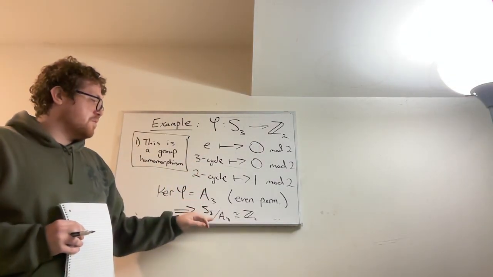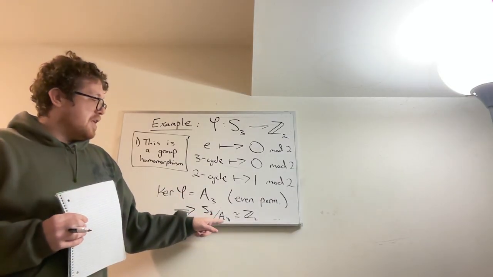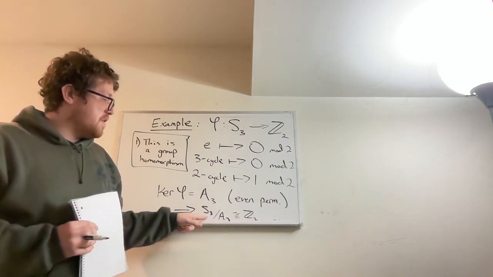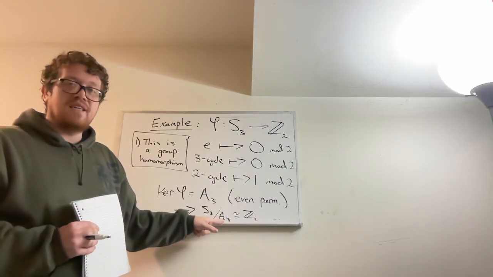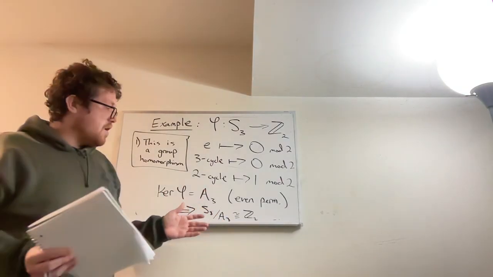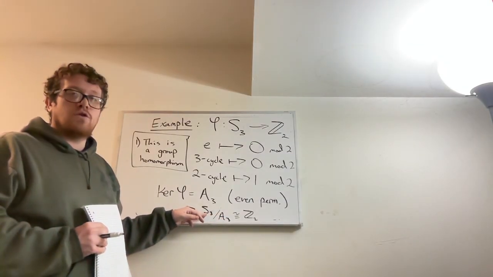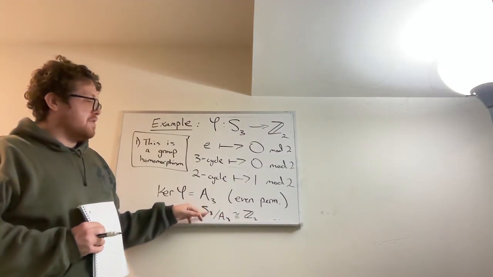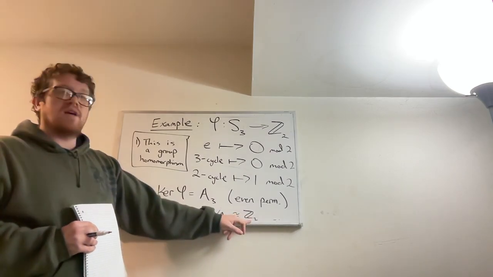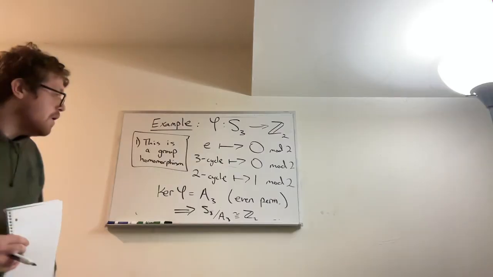If, for instance, you get a normal subgroup of size 5 in a whole group of size 13, then you did something wrong, because the size of the subgroup always has to divide the size of the full group. Here, 3 does divide 6, and we get something of size 2.